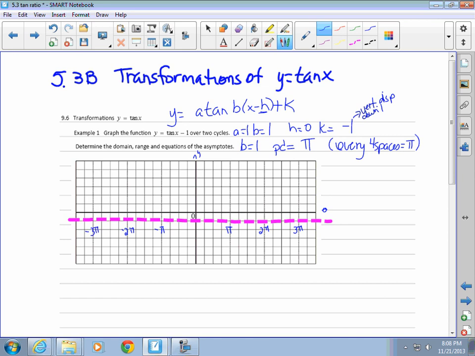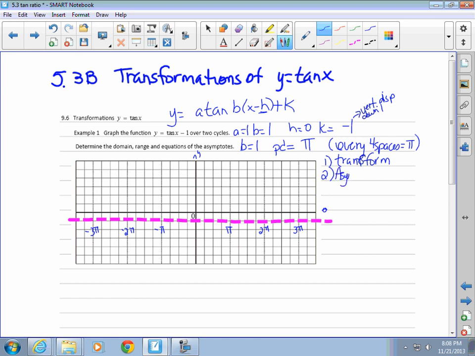So now we want to do our asymptotes. Number 1 was to do our transformations. Can't spell today. Transformations. Number 2 then is we want to do our asymptotes.